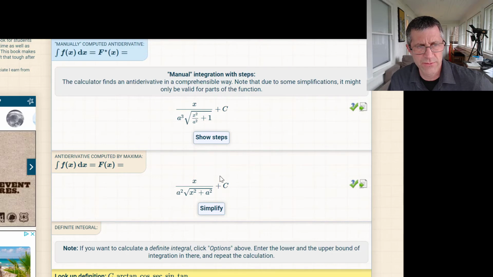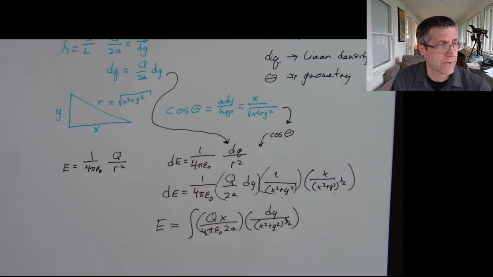It's going to be my variable divided by my constant squared, times the root of my variable squared plus constant squared, plus some other constant. Because it's a definite integral, I'm going to forget about this last constant c, because that's going to go away. But yeah, we did integral math.